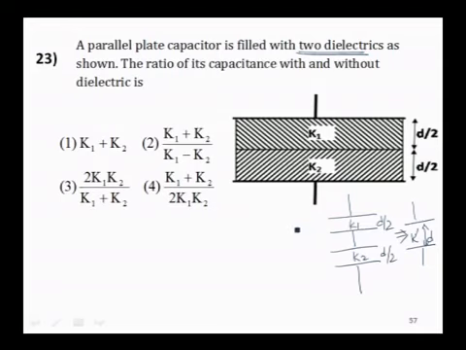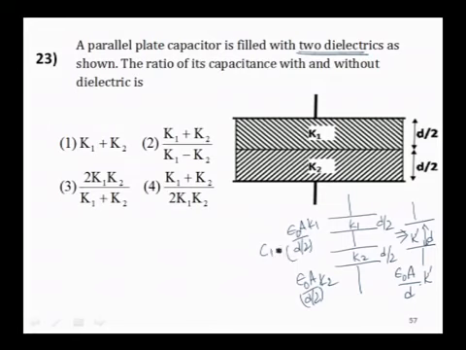So, this should be taken as epsilon A by D by 2 with K1. This is epsilon A by D by 2 with K2. This should be taken as epsilon A by D with K dash.